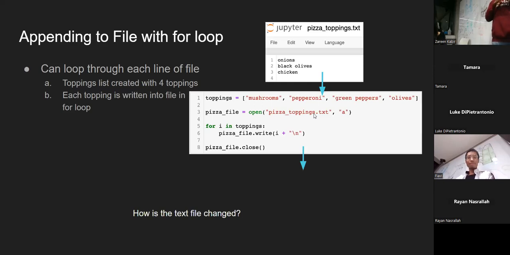Then I open the file with the open keyword, in append mode. Afterwards, in a for loop, I go through each of the toppings in the list that we created. In the for loop, I write each of the toppings to the text file. And then afterwards, I close the file.